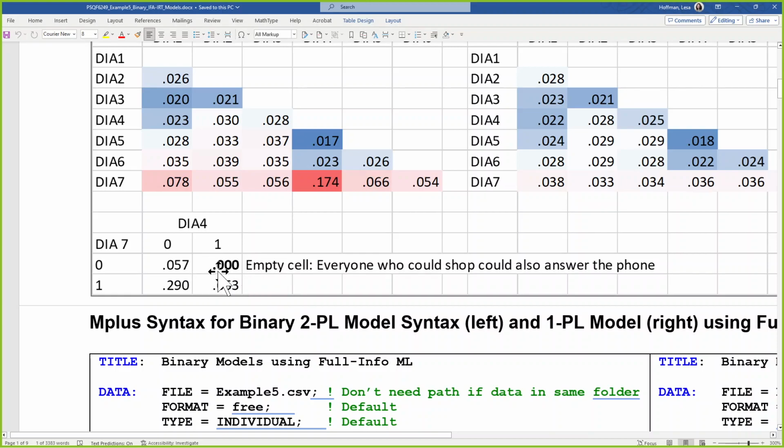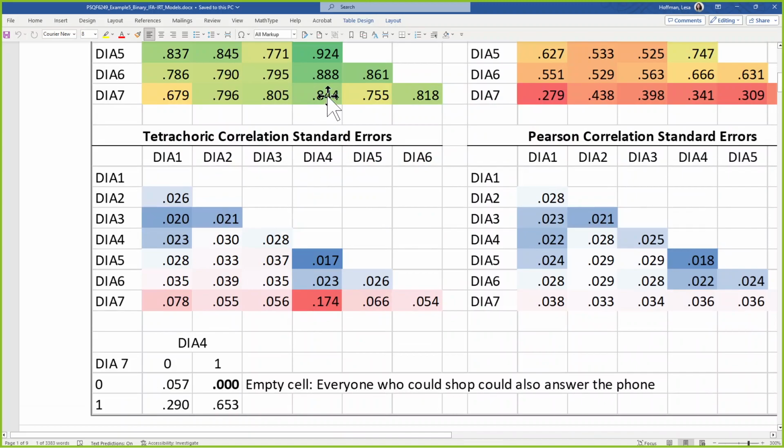So it doesn't really know for sure what that correlation should be. And so any of these correlations with relatively large standard errors, it's not really sure what it should be in the first place. It's going to downweight that in the estimation and focus on reproducing the correlations that are estimated more precisely instead. So that's the weighting process that sort of discounts the ones that it's not sure about to some extent.